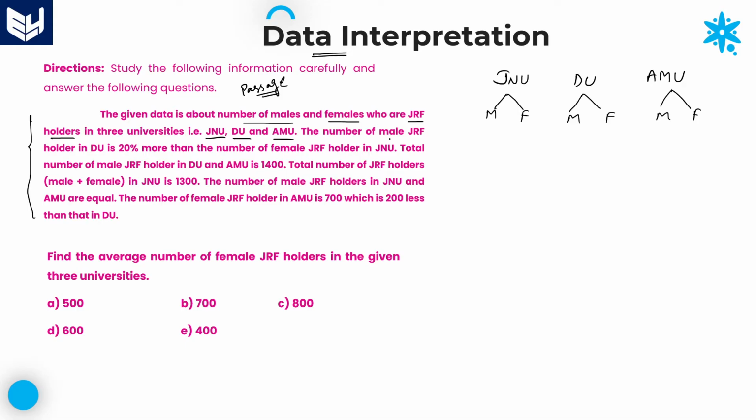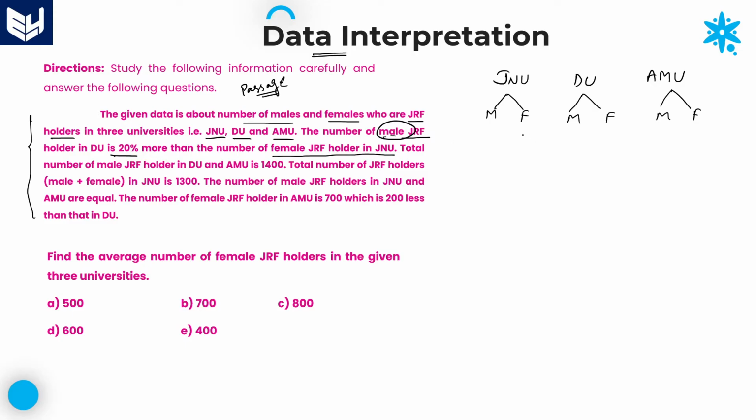See here, the number of male JRF holders in DU is 20 percent more than the number of female JRF holders in JNU. The number of female JRF holders in JNU, that value we don't know, but male in DU is 20 percent more than that of female in JNU.